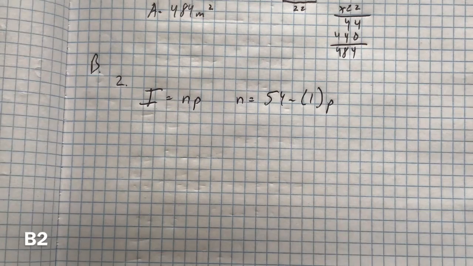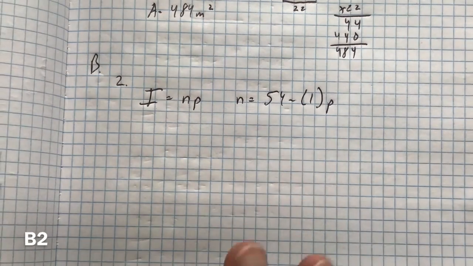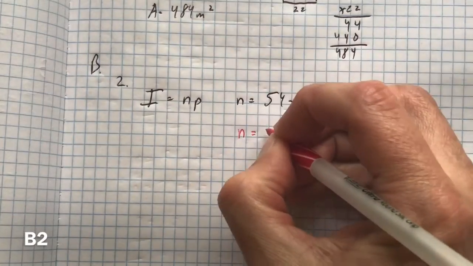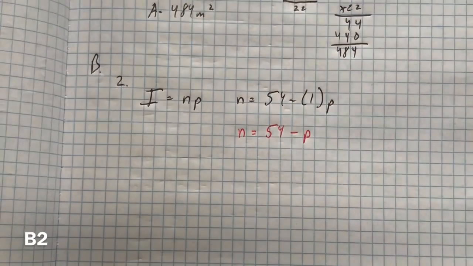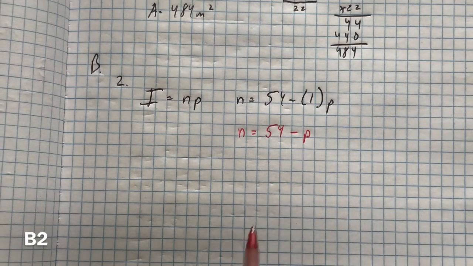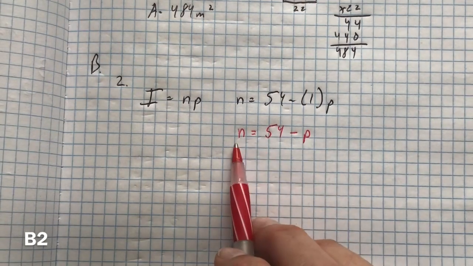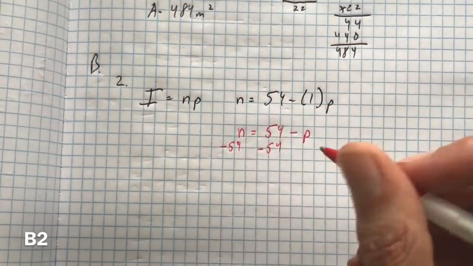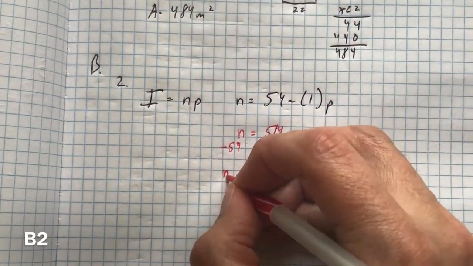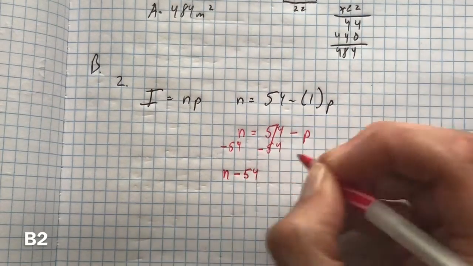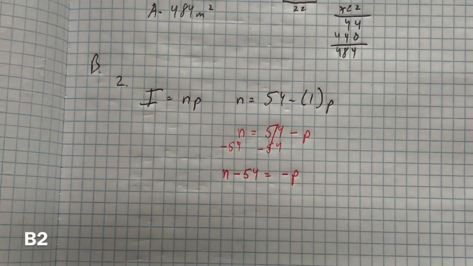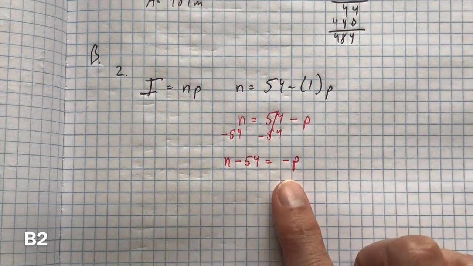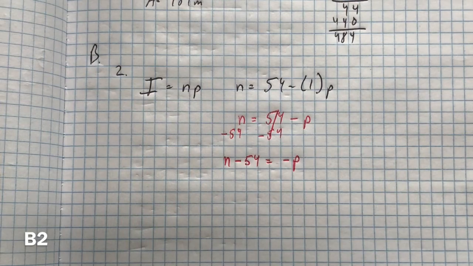So first things first, we gotta make sure that we're understanding this entire process. So I'm actually going to drop this 1 here. I'm going to rewrite this as n is equal to 54 minus p. So I need to get this 54 out of there first. So if I do minus 54 here and minus 54 here, this is going to cancel. I'm going to end up with n minus 54 is equal to a negative p. Now we don't want to know what a negative p is. We're going to use that -1 trick.